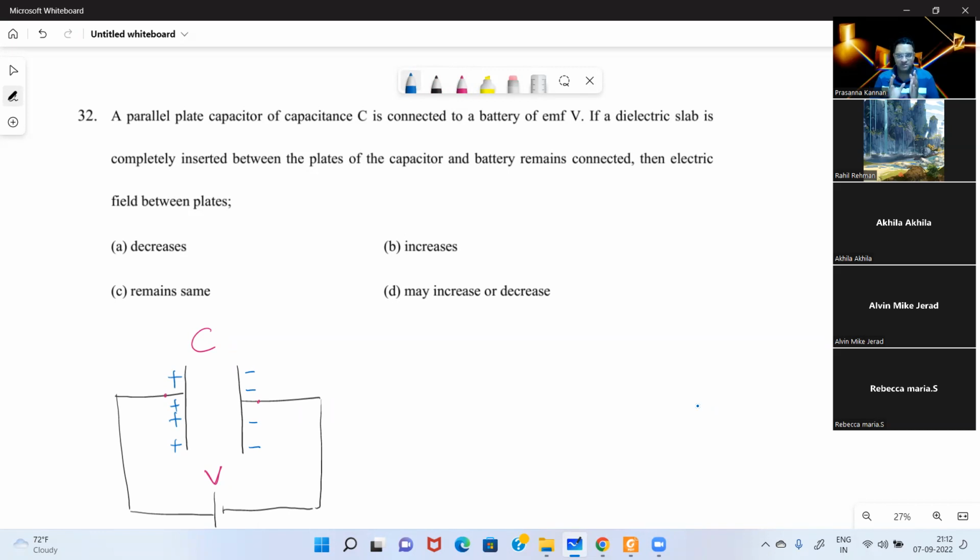Now, because of the positive charges and the negative charges, there will be an electric field between them. So let that electric field be E between the two plates. Now, if this distance is D, in electrostatics you would have learned, if this distance is D and the electric field is E, do you know what is the relationship between V, E, and D?